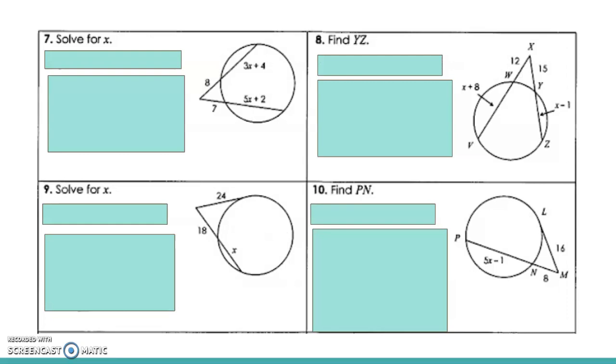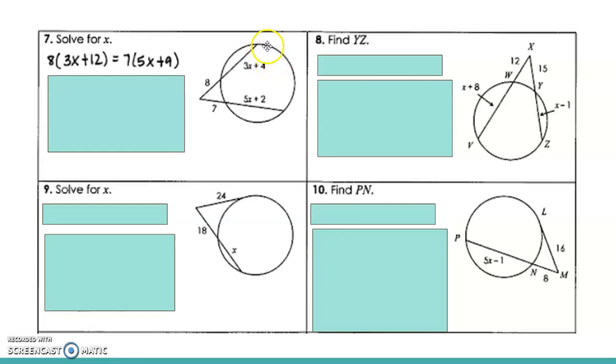Looking now at number 7. So number 7, we are looking at two intersecting secants outside the circle. When we set up our problem, we are going to do 8 times 3x plus 12. The way we get 12 is by adding 8 and 4 together, so just combining like terms.